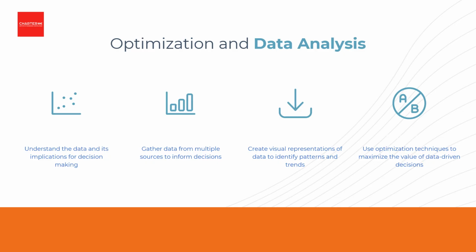Now, supply chain optimization relies heavily on data analysis and advanced analytics to drive informed decision-making and continuous improvement. Data analysis and advanced analytics provide organizations with valuable insights, enabling them to optimize supply chain processes, identify improvement opportunities, and therefore make data-driven decisions.